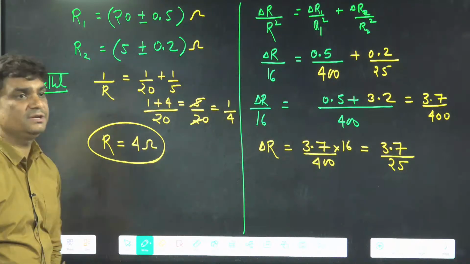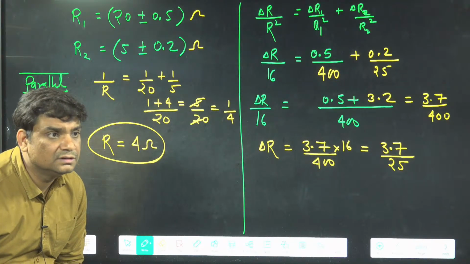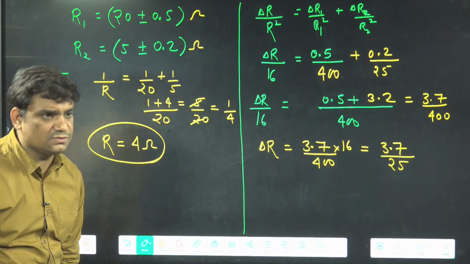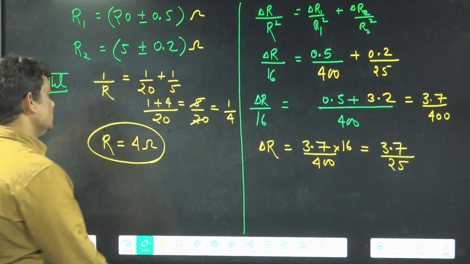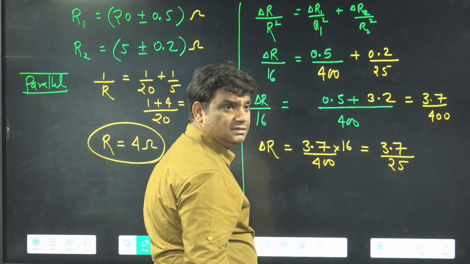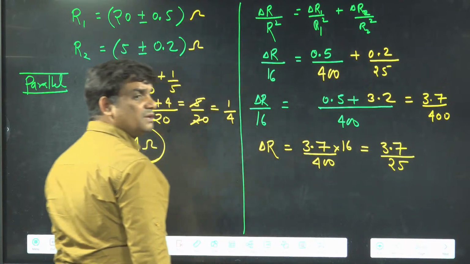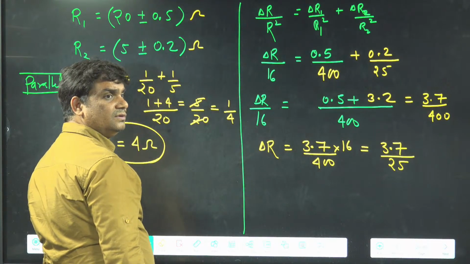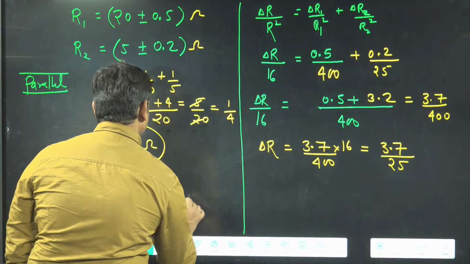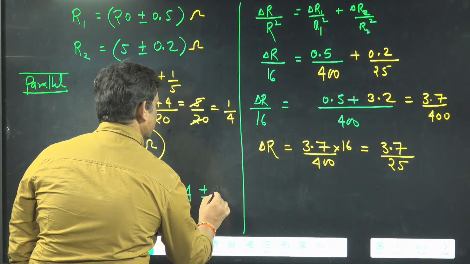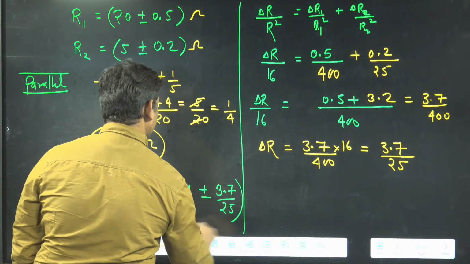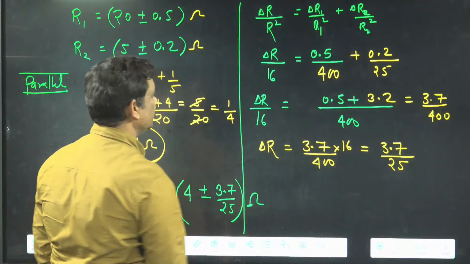For the equivalent resistance, R1 R2 by R1 plus R2 can also be used. So the answer will be 4 plus minus 3.7 divided by 25. This calculation you can do later on.